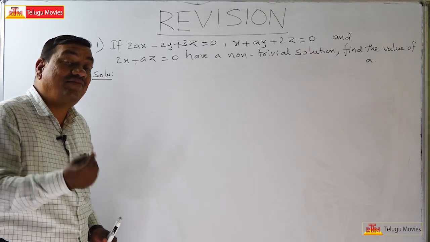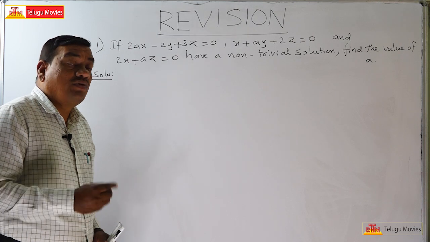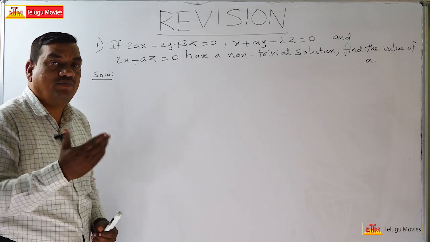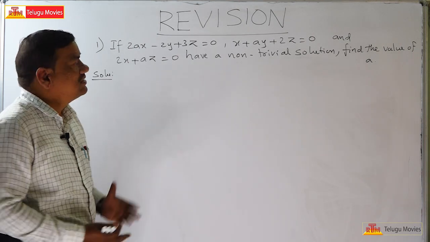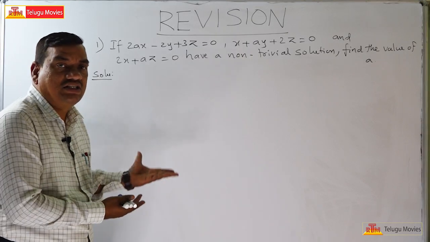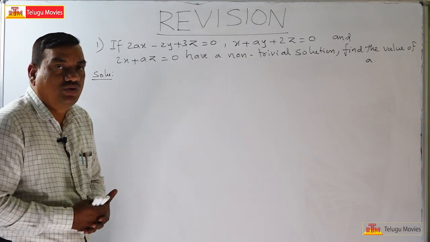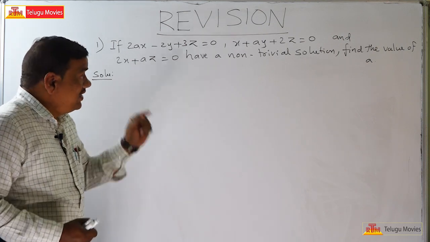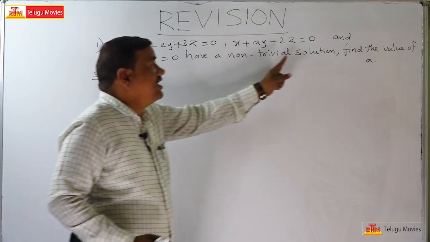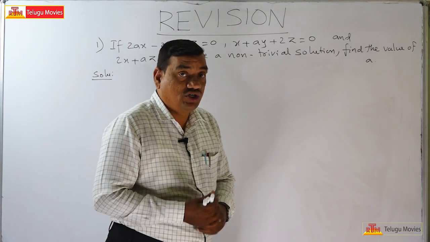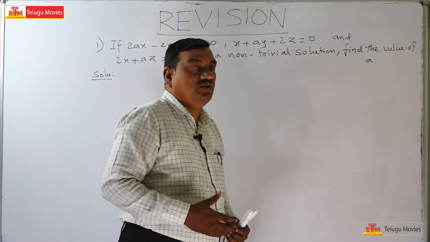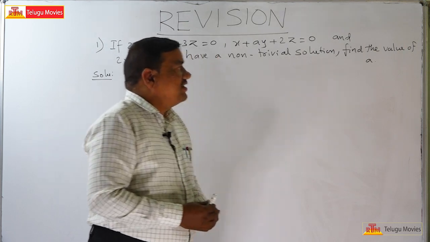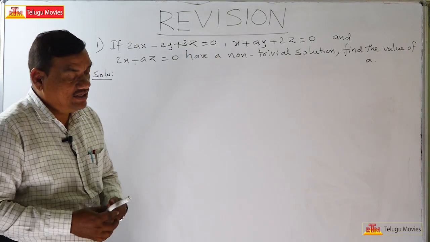This is called the trivial solution. Trivial means not that important, because everybody can say x equals 0, y equals 0, z equals 0 is a solution. But if it has a non-trivial solution, that means other than this, then find the value of a. That is what he asked.